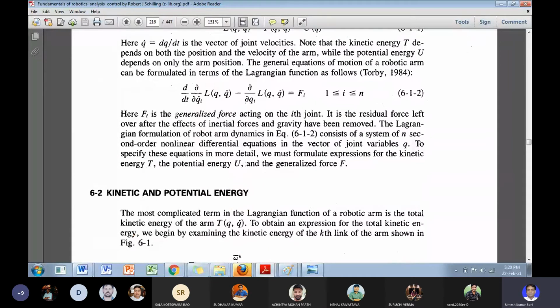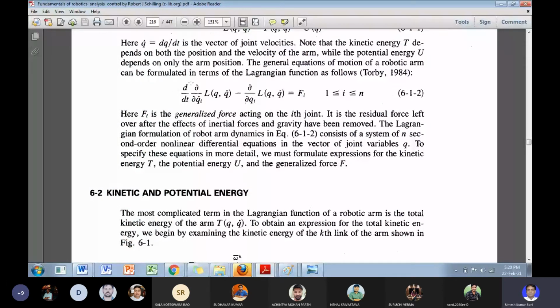Okay, so the Lagrangian formulation of a robot arm consists of a system of n non-linear differential equations in the vector of joint variables q. It has n non-linear differential equations because i varies from 1 to n.